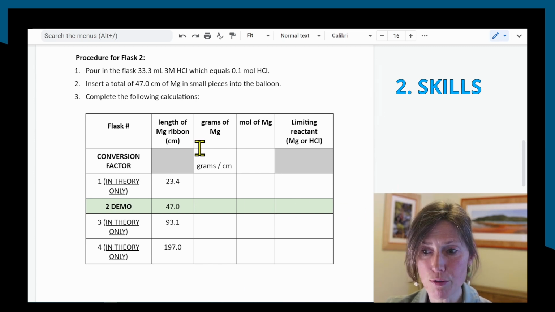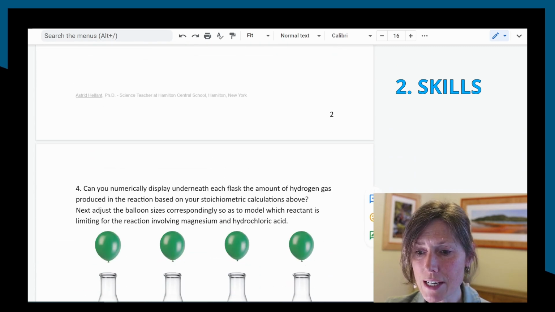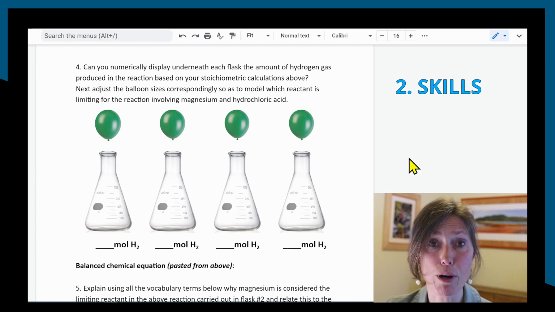So lots of conversion here that hopefully will expand their skills based on the knowledge that they received during that mole stations.